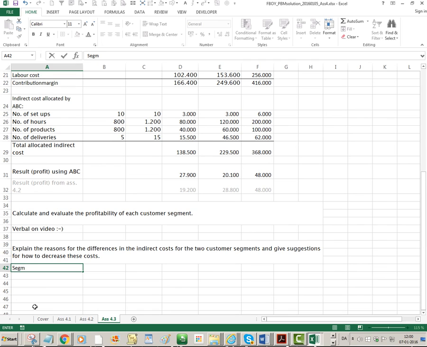Segment A has relatively many setups compared to purchase volume. This is a little bit of the previous answer then.